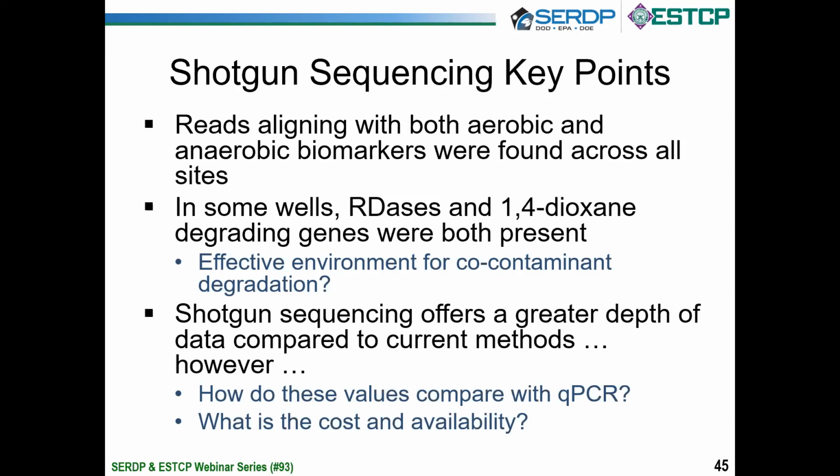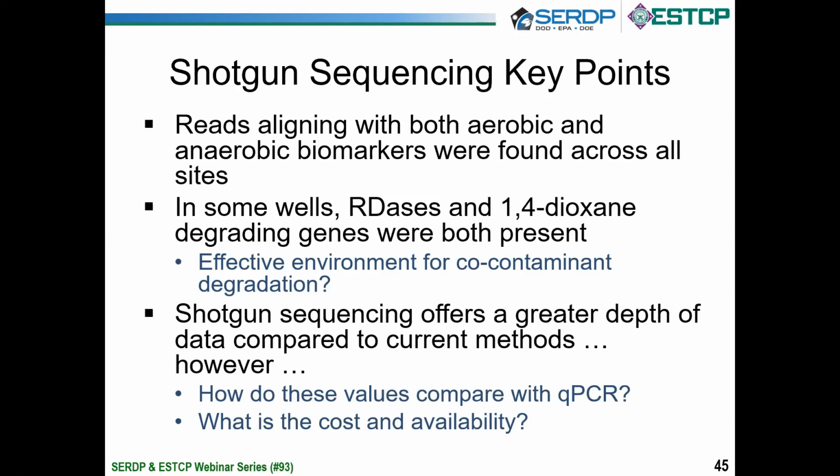Finally, shotgun sequencing generated a greater depth of information compared to current methods, such as 16S rRNA sequencing or quantitative PCR or LAMP. However, several issues still need to be resolved before this approach can be widely adopted. These include the need for a comparison of relative abundance values to values generated with qPCR.